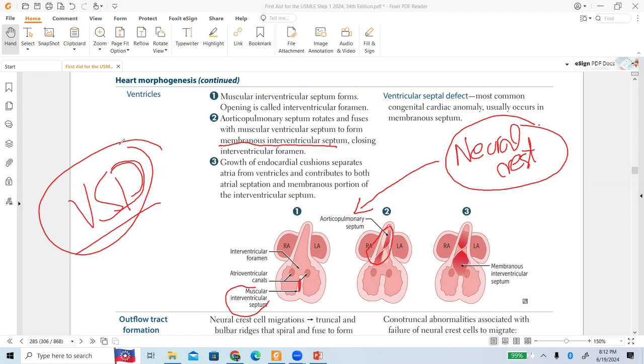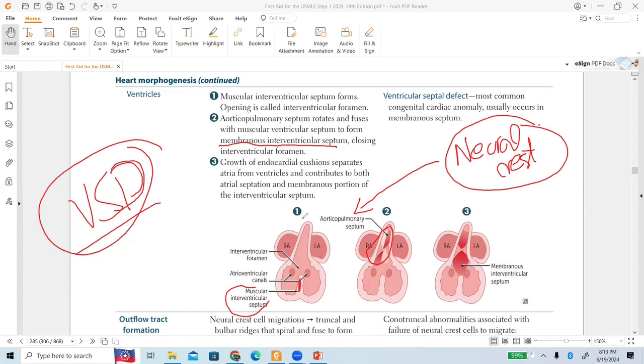Yes. So the next more important thing: the growth of the endocardial cushion separates atria from the ventricle and contributes to the atrial septation and the membranous portion of the interventricular septum. Always try to remember the pathology. If VSD, what process is defective? If they are asking about VSD, they are asking where the problem lies.